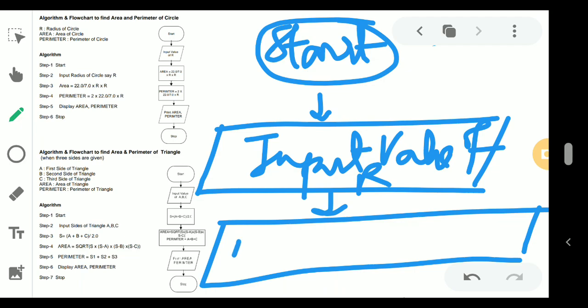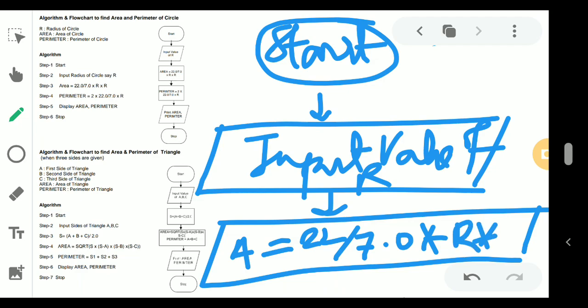Let's say I am declaring A as a variable for the area. The formula is area equals pi r square, so the pi value is 22 by 7 into R into R. It is done.